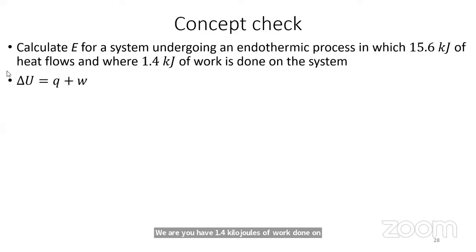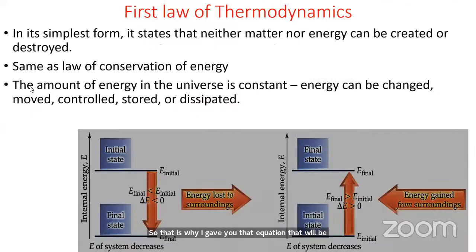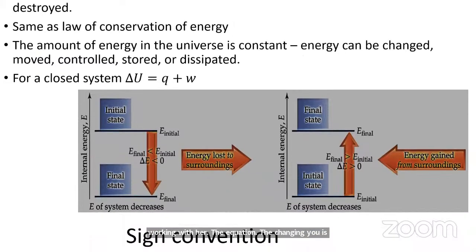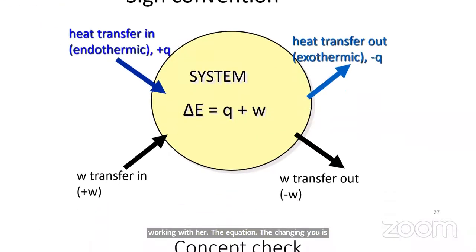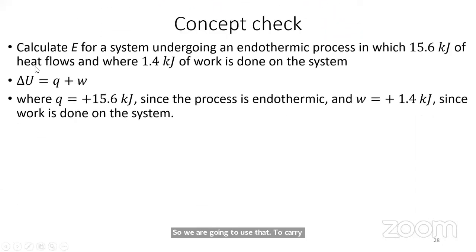Of course, this is for a closed system, so that is why I gave you that equation that we will be working with. The change in U is equal to Q plus W. So we are going to use that to carry out this calculation. We know that our heat absorbed is 15.6 kilojoule.